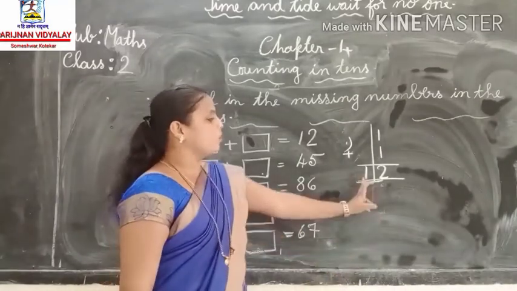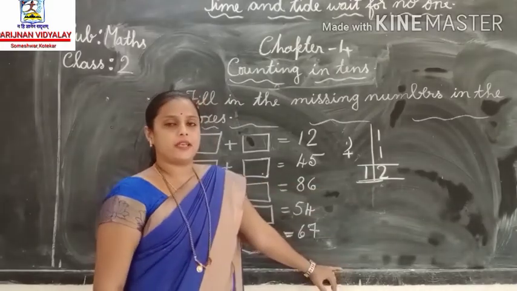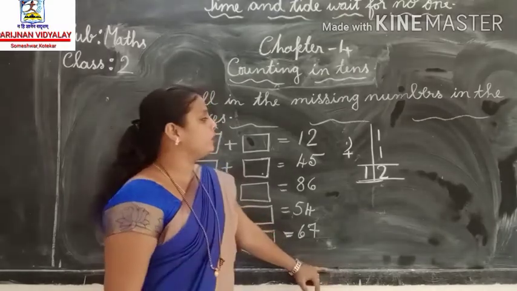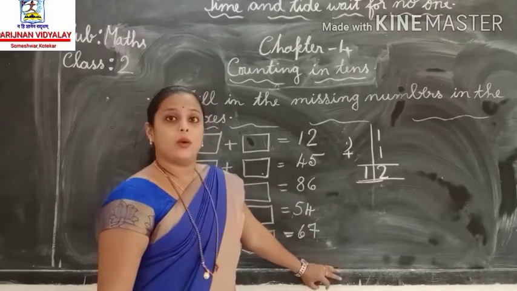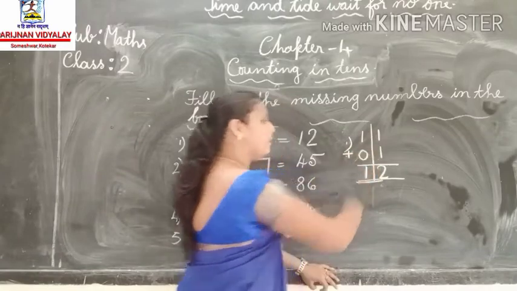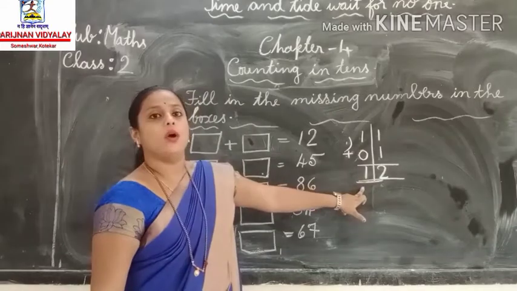Next, go to the tens place. Which number is here in the tens place? 1. So, which two numbers are you going to take to get 1? Very good. 1 plus 0. 1 plus 0 is equal to 1.